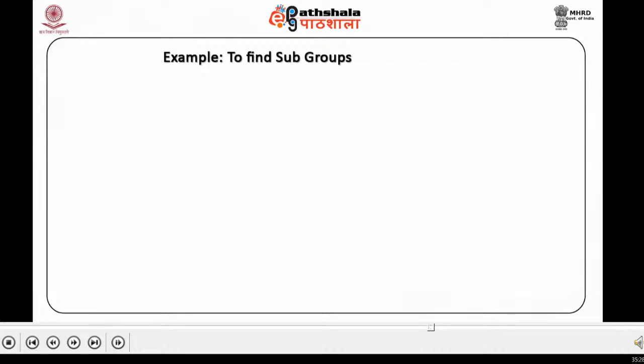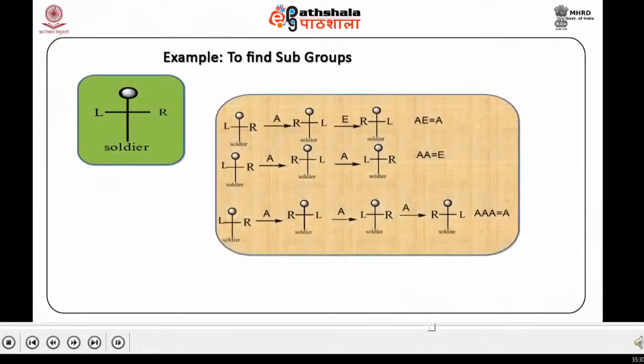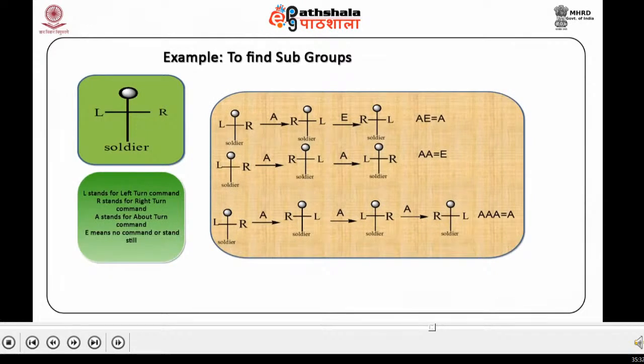In this, E is the trivial group of order 1, and non-trivial subgroups of order 2 can be E, A; E, L; E, R; L, R; A, L; A, R, and so on.